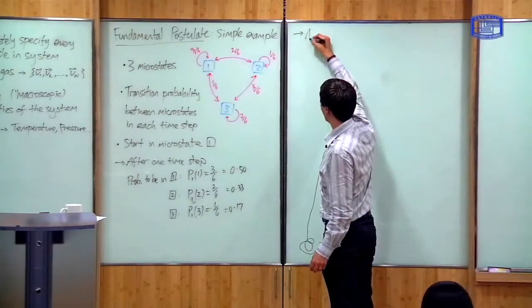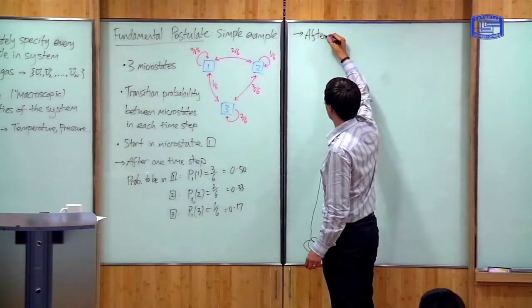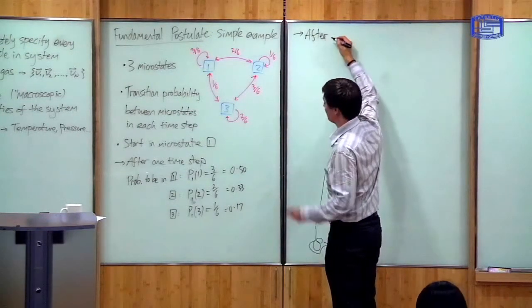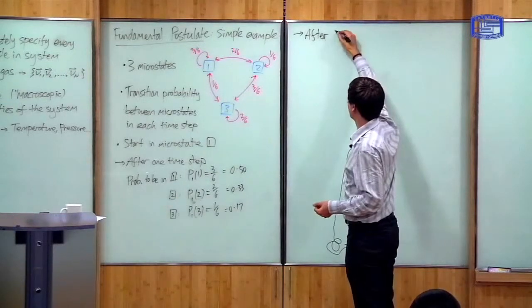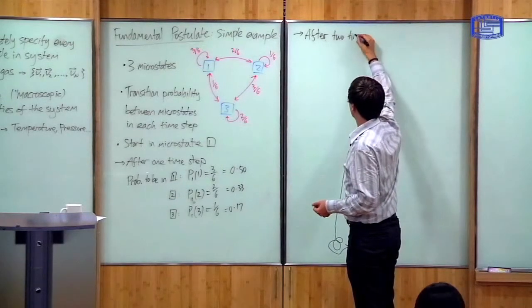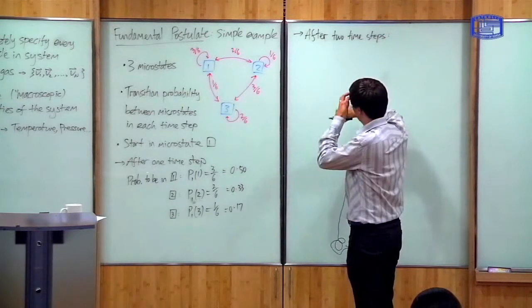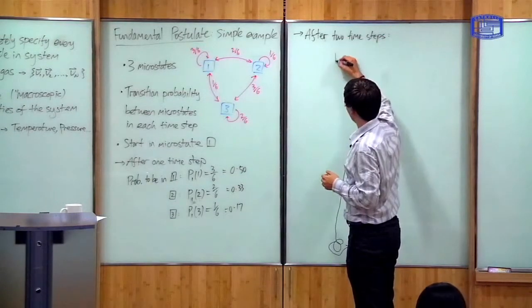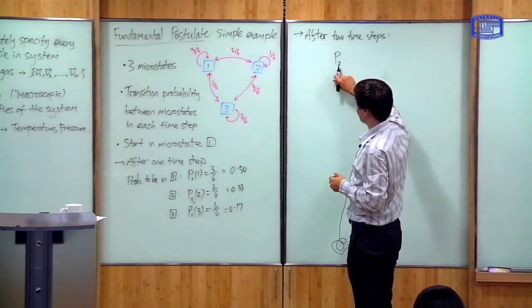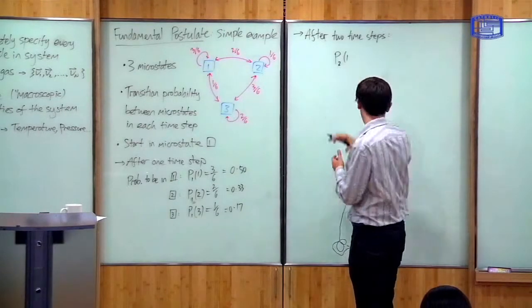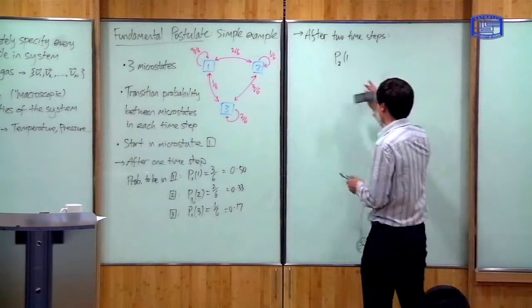So now we do the calculation again. Again, we have a scattering event, so after 2 time steps, what does this look like? Well, I'm going to write this now, probability after 2 time steps, I'm in state 1.